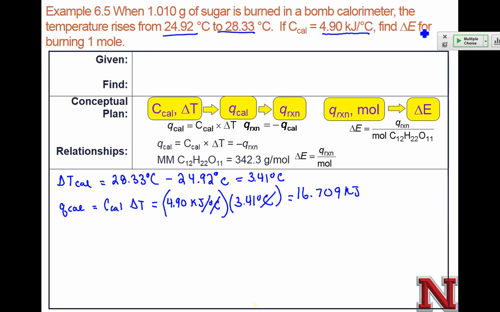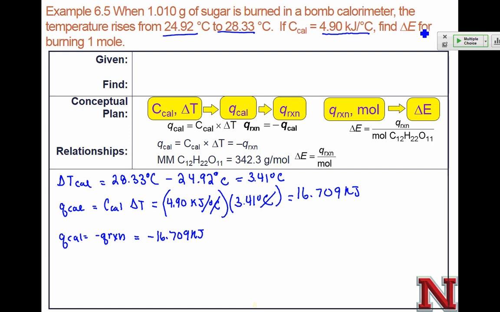Now to figure out our Q of our reaction, our Q cal is just going to be equal and opposite of our Q reaction. If our Q calorimeter absorbed heat, our Q reaction had to give it off. So our Q of our reaction is negative 16.709 kilojoules. Now we are using our bomb calorimeter, so our delta V is going to be 0, so our work is 0.